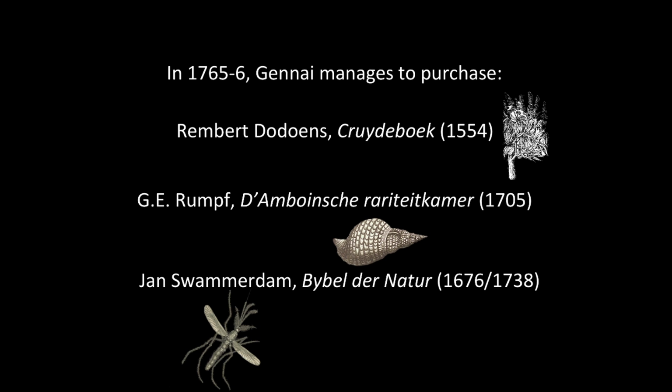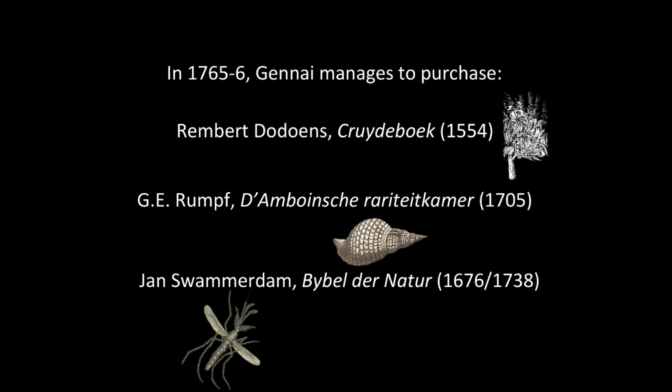The second is Rumphius's study of shells. When I was originally planning these lectures, I was planning to talk a lot more about shells because there are a lot of very interesting things around shells. But today I'll only talk a little bit about them. And then, of course, Jan Swammerdam's Bible of Nature, a study of insects.